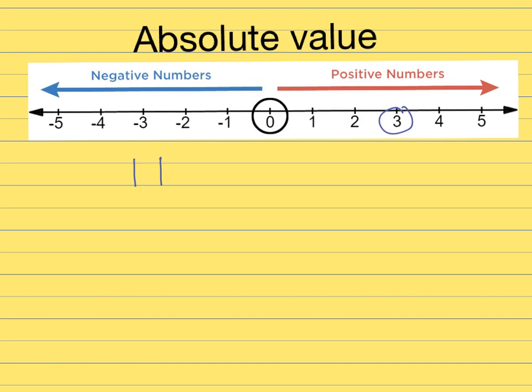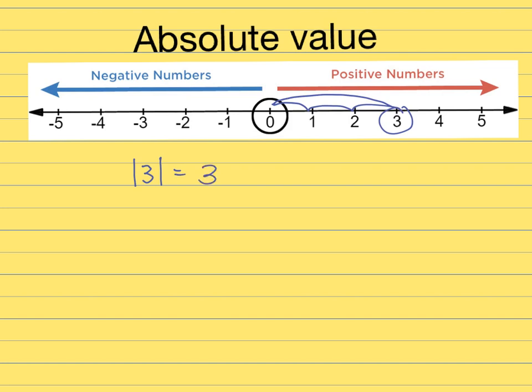That's the sign for absolute value. And then we would just write 3 inside. So when we see something like that, what we would say out loud is the absolute value of 3. And we can even mark on our graph just by drawing a line. That's the distance 3 is from 0. And that's something that we could definitely count separately, 1, 2, 3. And our answer is 3.